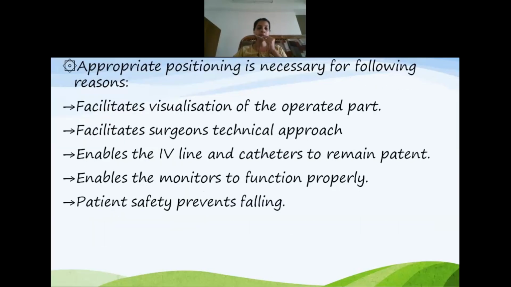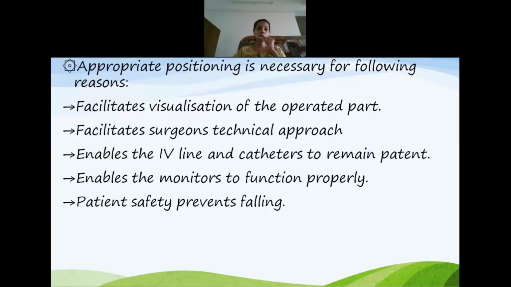Now, why do we have to maintain a proper positioning in the operation theater? First of all, it is to visualize the operated part properly, depending on which surgery is advised for the patient. For certain types of surgeries, different positions are given, and these positions help to clearly visualize the operating part.